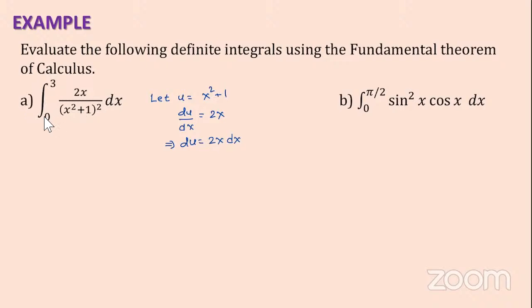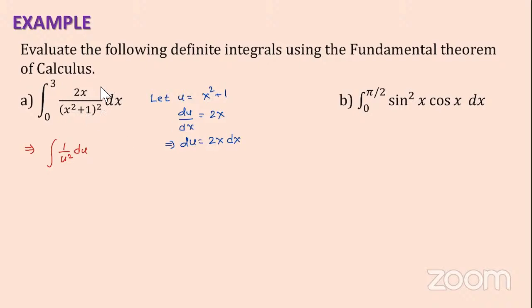In the denominator, we have x squared plus 1, which is u, and that is squared. So we have u squared in the denominator, or 1 over u squared. And then 2x dx is du.